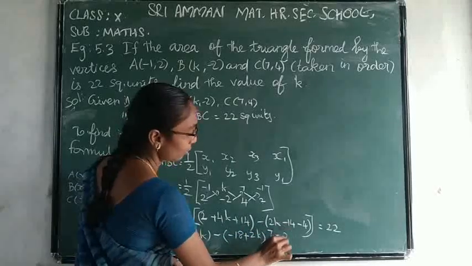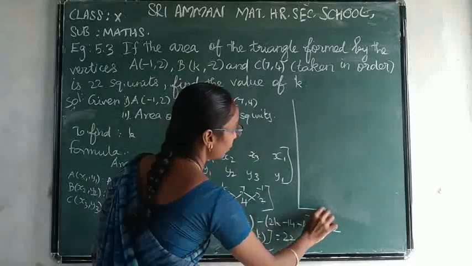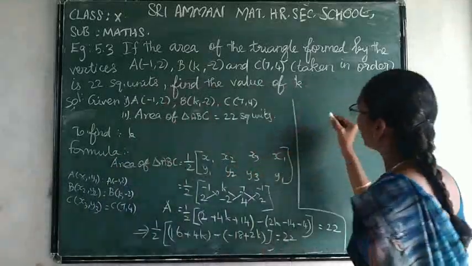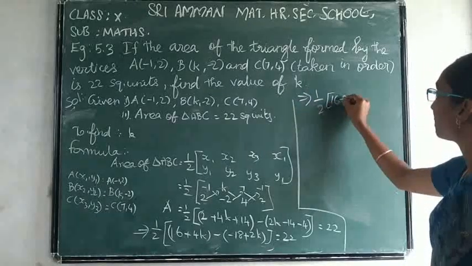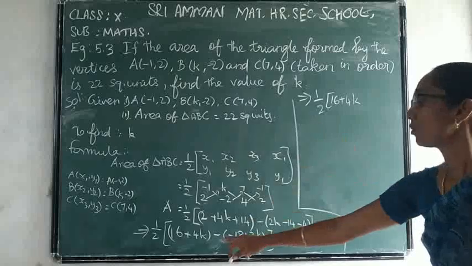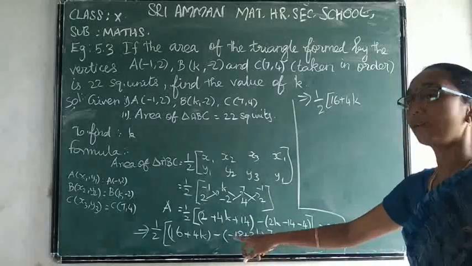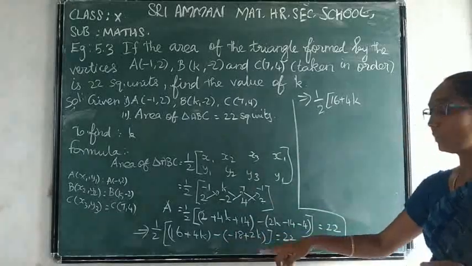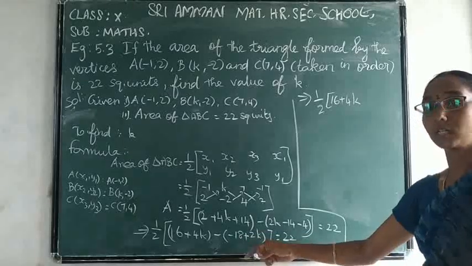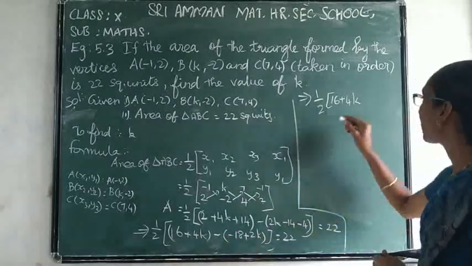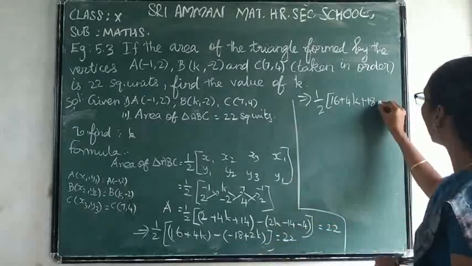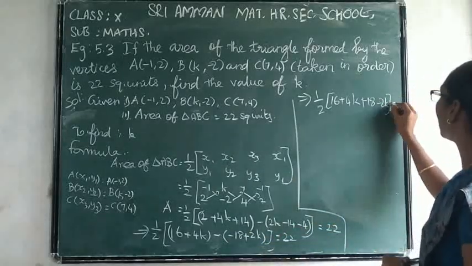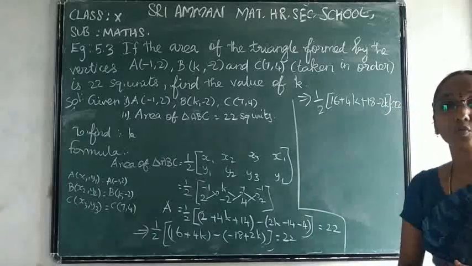This is equal to 22, which implies half into 16 plus 4k. Now substitute the minus inside this expression: minus into minus gives plus 18, minus into plus gives minus 2k, equal to 22.